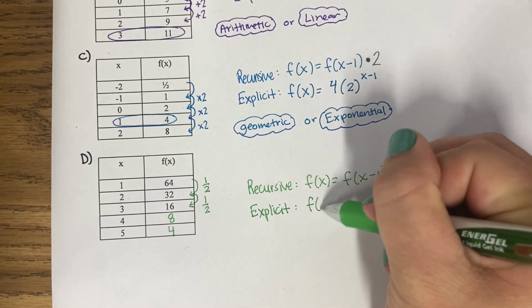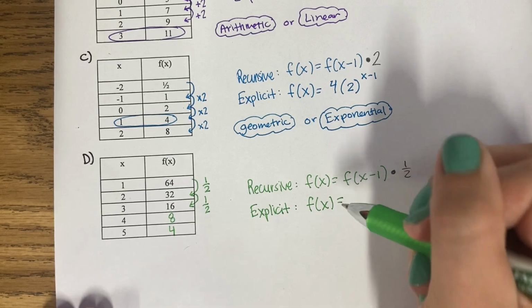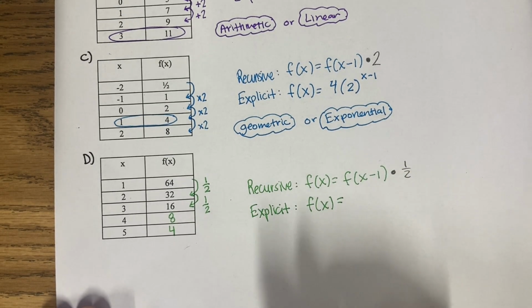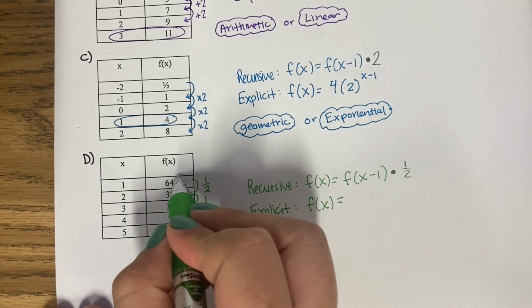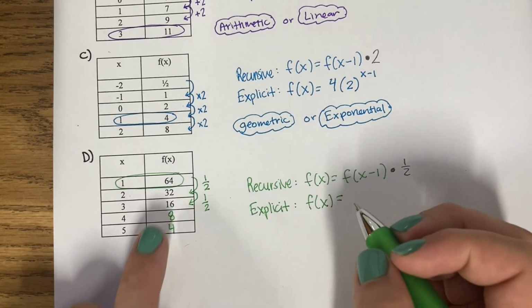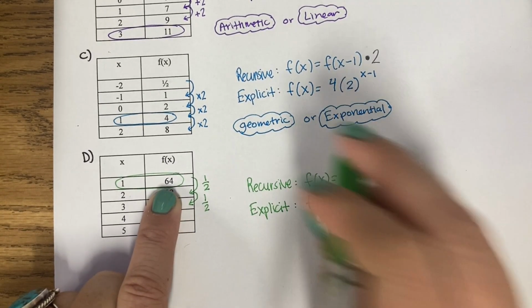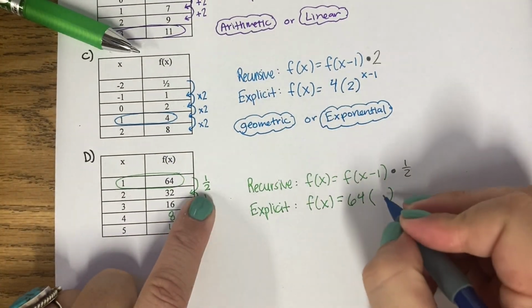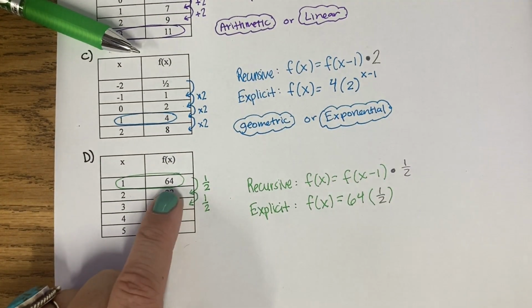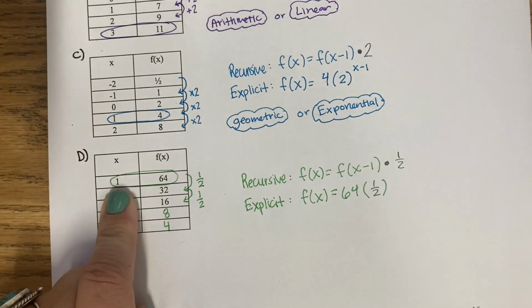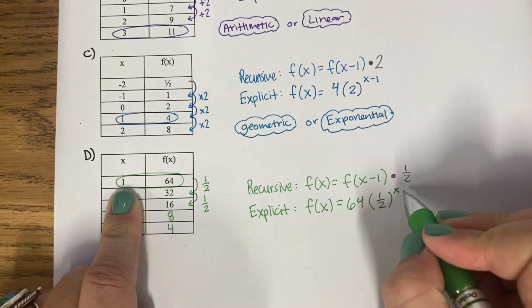Explicit f of x equals, which point do I want to use? Let's just use 1 and 64. Okay, I start with 64. I then cut it in half, and my power is an x with a minus 1.